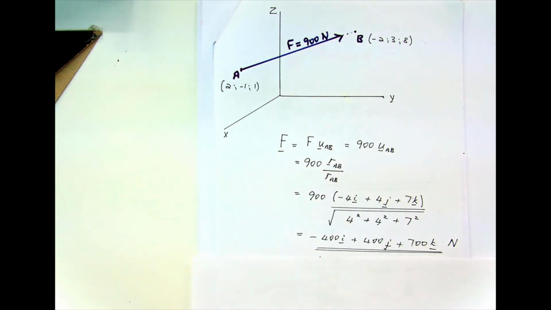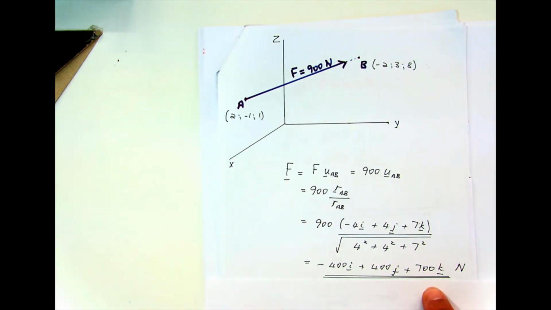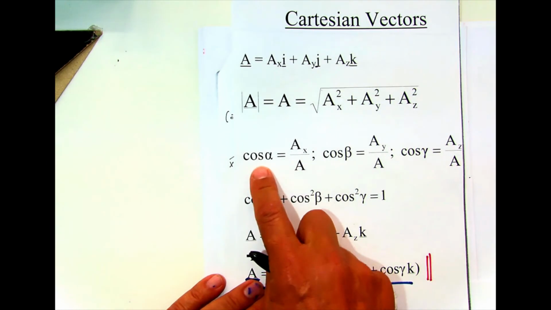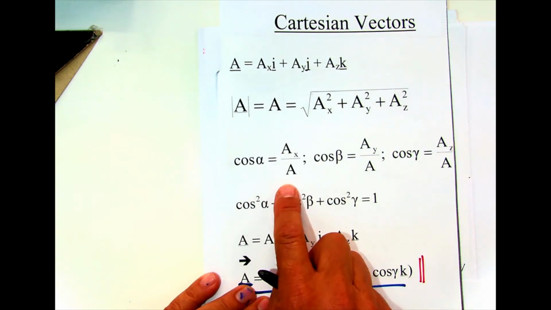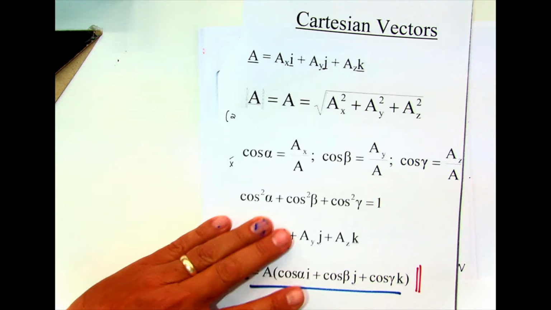They often ask you, okay, you got this vector now, what are the angles alpha, beta, and gamma between this vector and the x, y, and z axes? Okay, and then you have the equation to do that. Cos of alpha is the x component divided by the magnitude, and likewise for the y component and the z component.